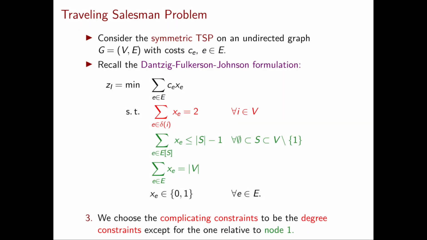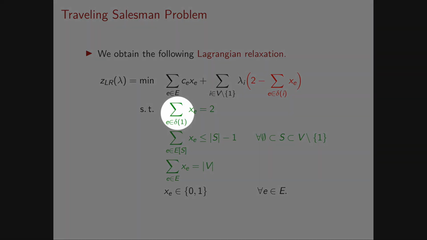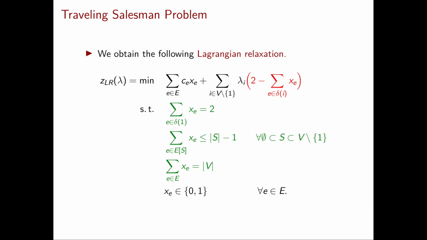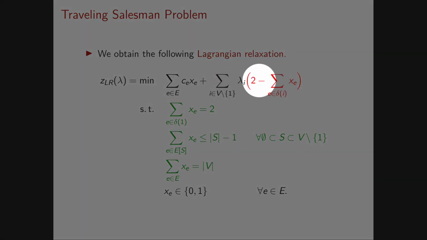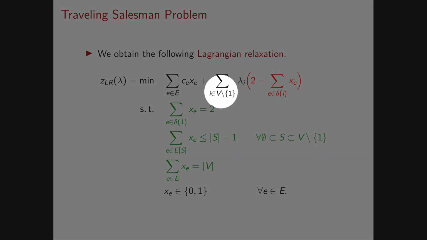Now let's write down the Lagrangian relaxation, which will give me instead Z_LR. Here it is. As promised, I kept among my constraints the degree constraint only corresponding to node 1. I still have all my subtour elimination constraints and I have the redundant equality that I have added. Then I have brought into the objective the penalization term corresponding to all the degree constraints for every node except for node 1.